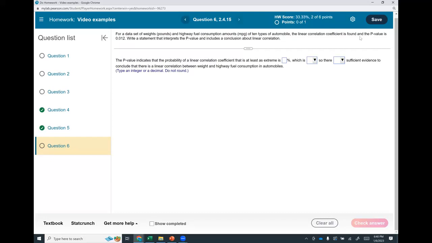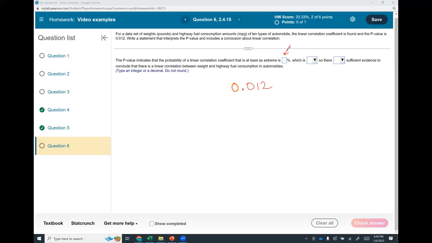They're not telling us what it is, but they are telling us the p-value is 0.012. So our p-value is 0.012, okay? And I want to put that in here as a percent. So I have to multiply by 100.